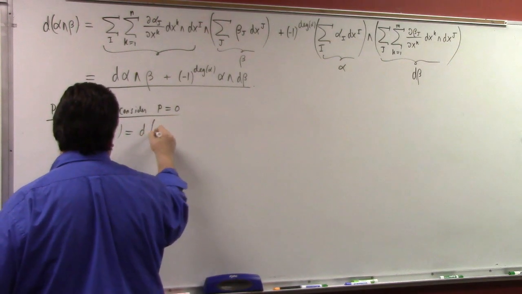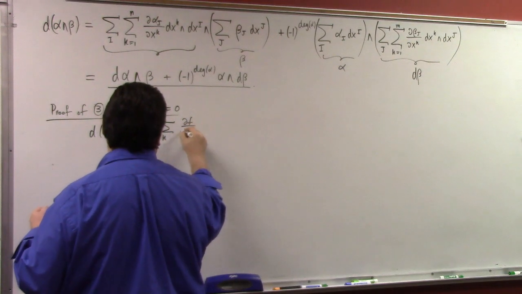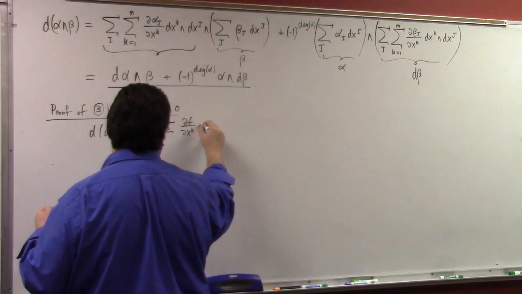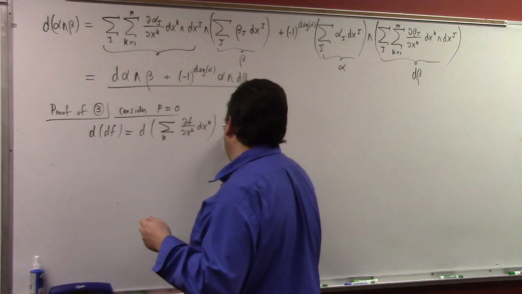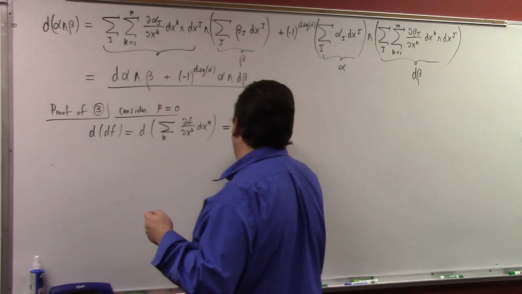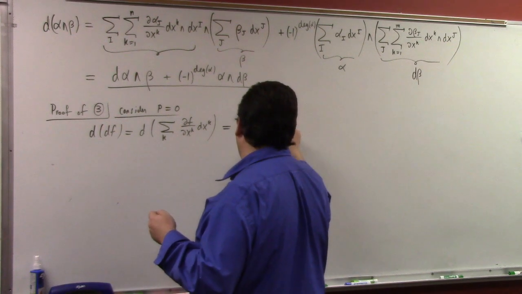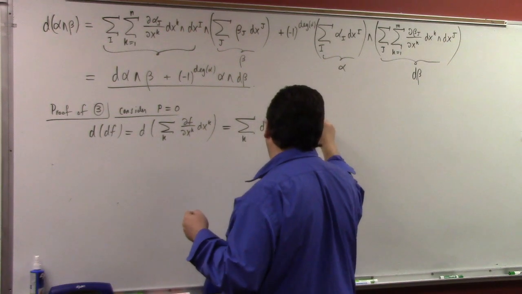Which is the differential of the sum over k of partial f partial xk dxk, right? Which then, by definition, is the sum over k of the differential of the kth partial derivative, wedge dxk.